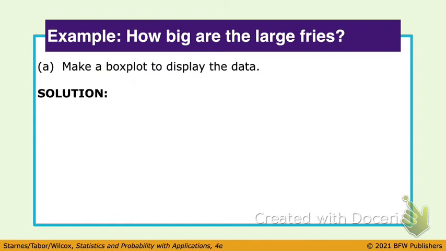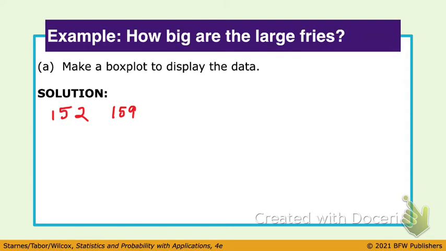So first step, we need to put this data in order. So let's put this data in order first of all. What is our lowest number? 152. And then 159. Okay.